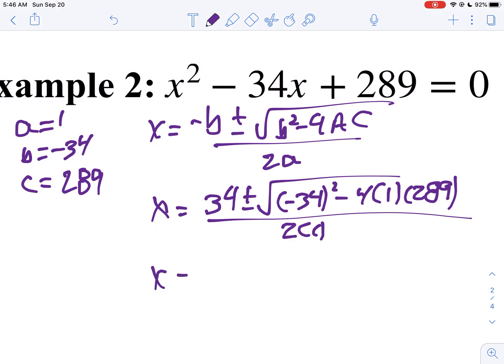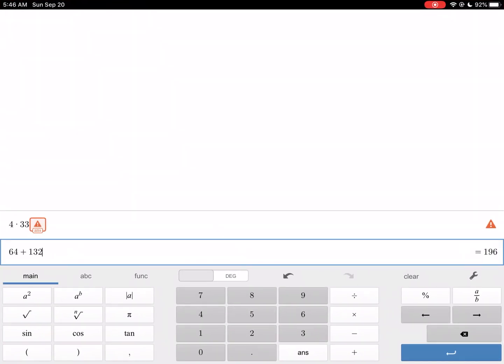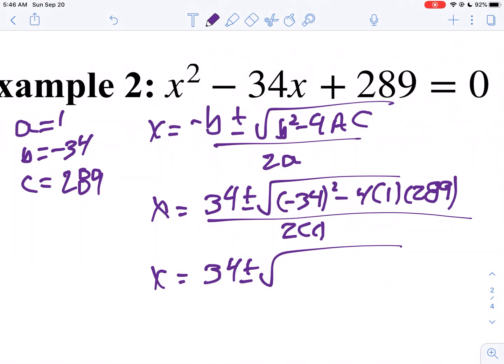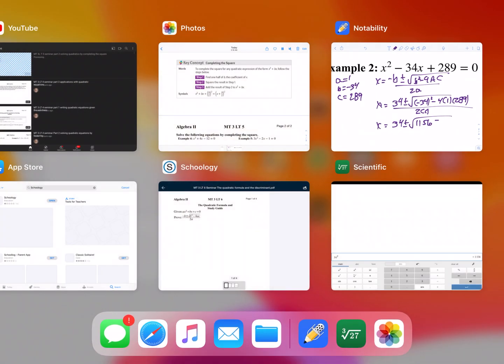So x equals 34 plus or minus, well, let's square 34. So 34 squared is 1156, minus 4 times 289.